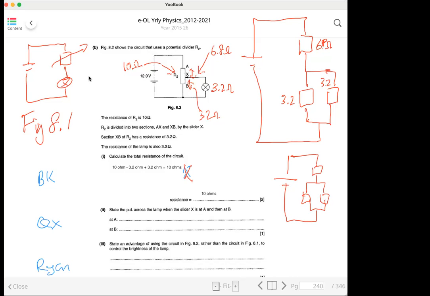But Yu Ting, why do you use a formula, A times B over A plus B? This one is a mathematical formula. You memorize that formula.